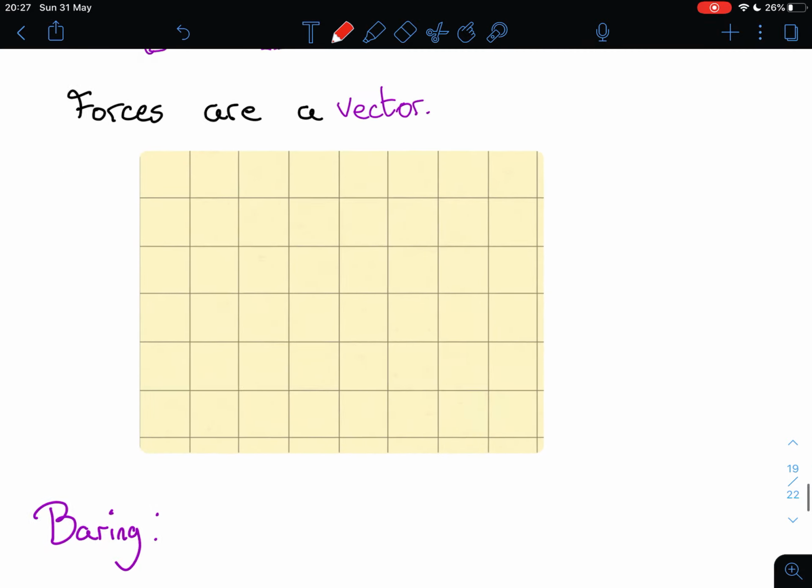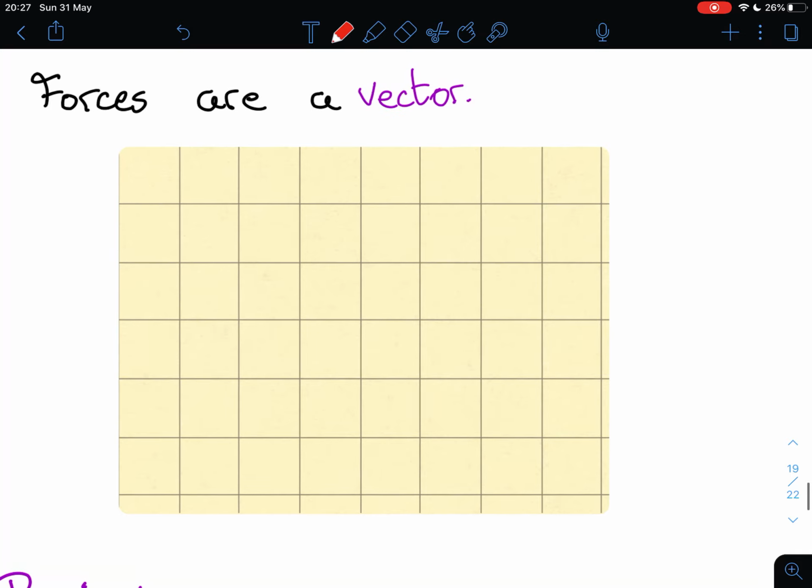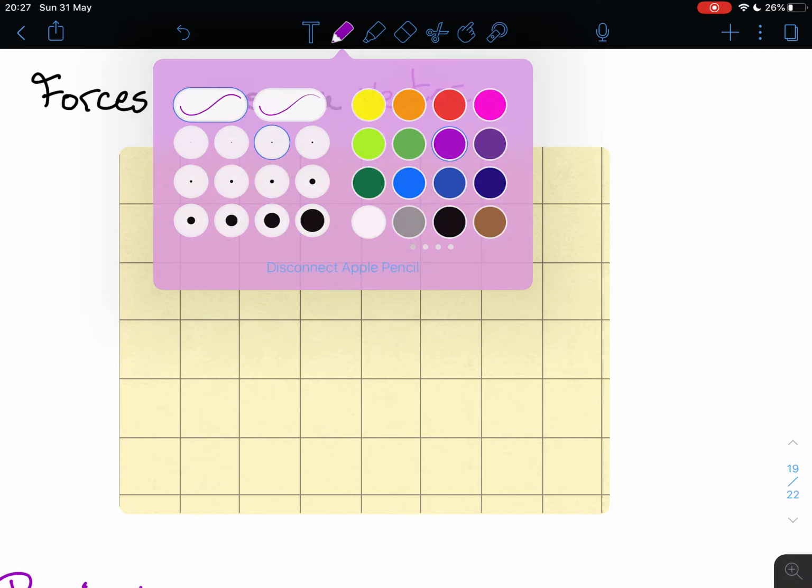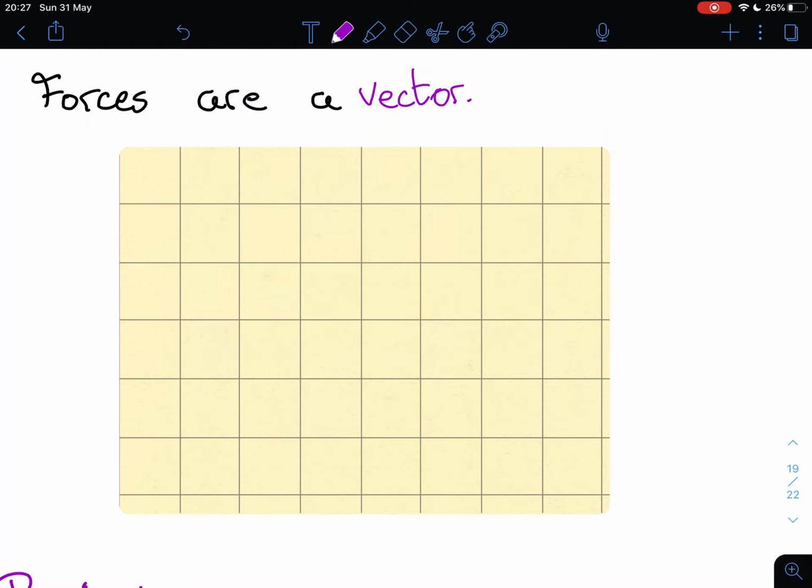To do this, it helps if you have graph paper, but most definitely you need a ruler. It's all going to be about drawing and using a ruler for scale. A bit like drawing a treasure map, we're going to say 1 centimetre equals, let's keep it really simple, 10 newtons of force.